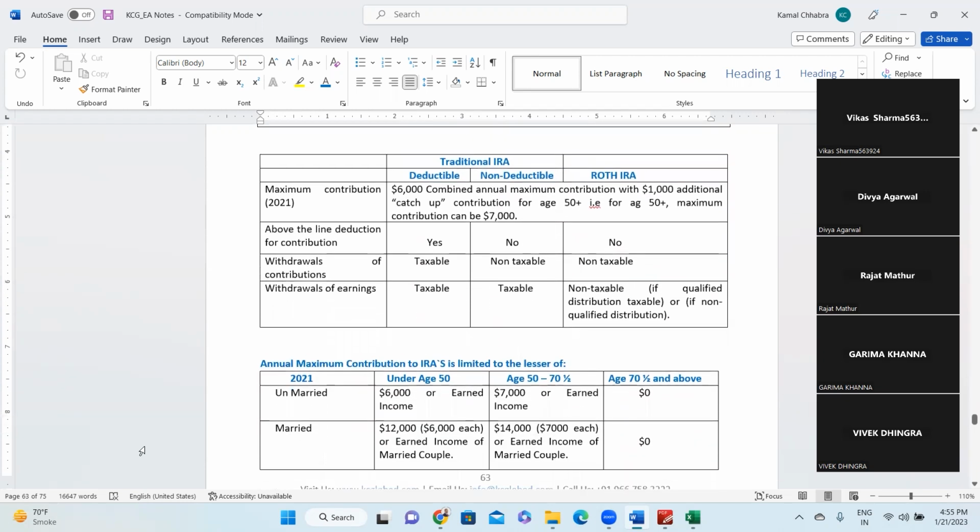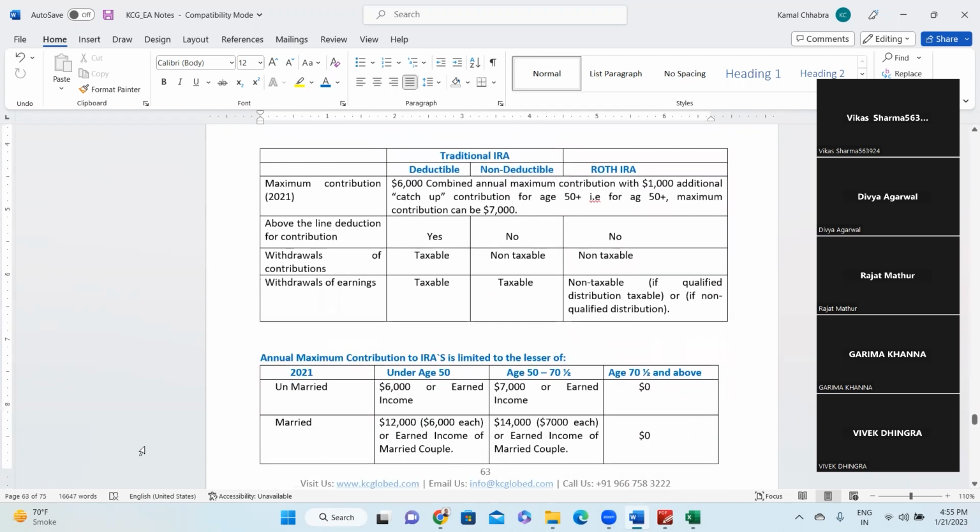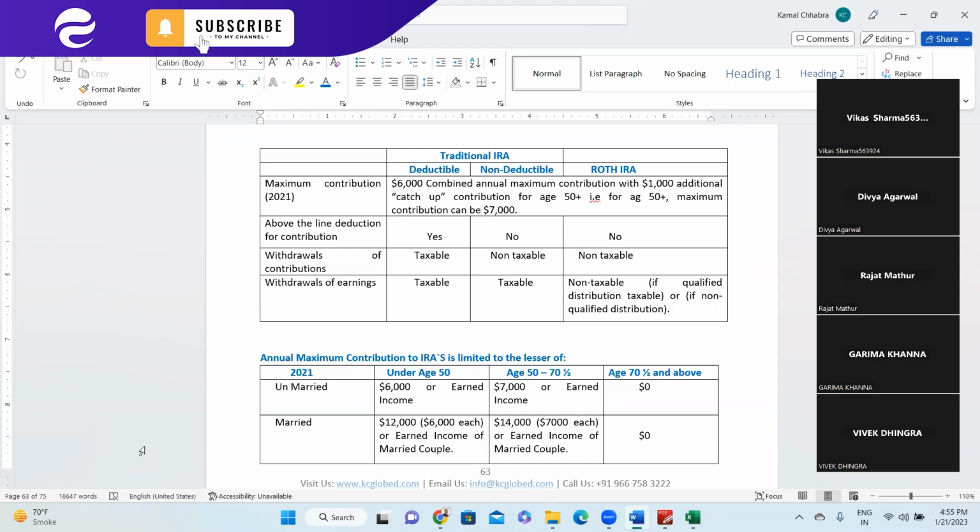So let's understand more about traditional IRA and Roth IRA. What is the maximum contribution allowed? Whether you are doing Roth IRA or traditional IRA, the maximum contribution is $6,000 combined annual maximum, with an additional $1,000 catch-up contribution for age 50 plus.